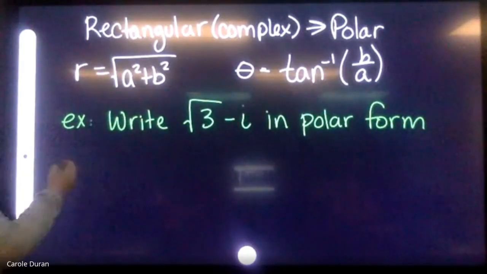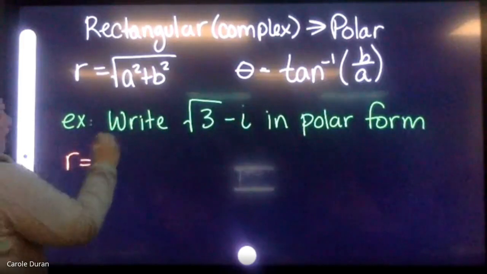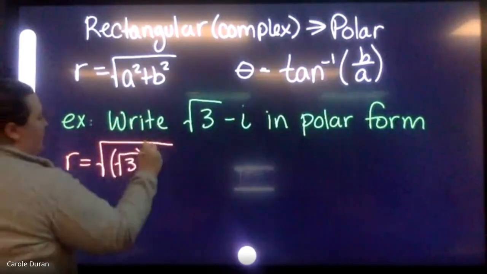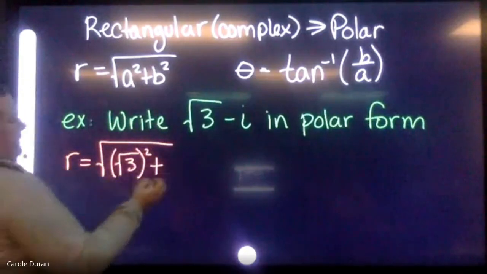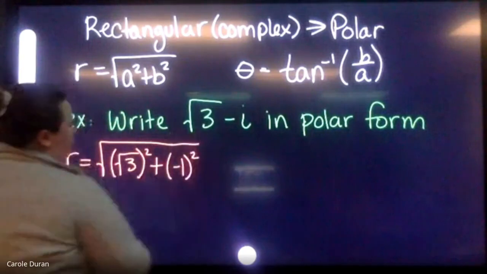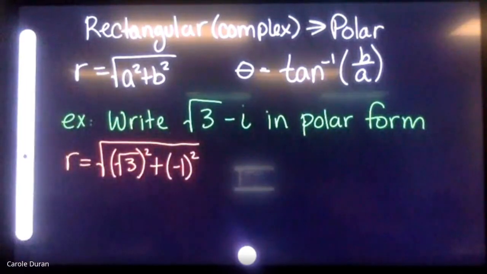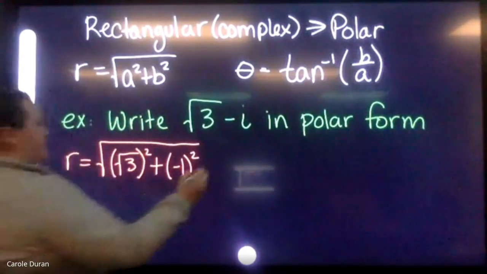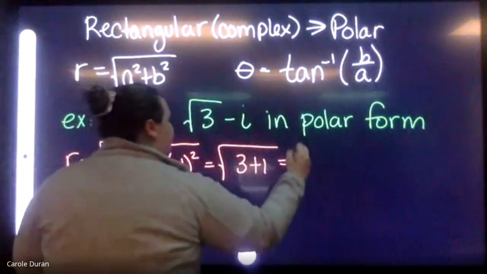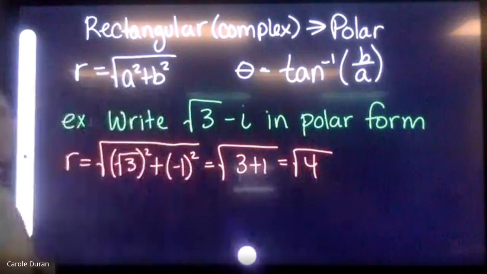So the first one I'm going to start with is R. R is equal to the square root of my A value, square root of 3 squared, plus my B value of -1 squared. I go ahead and I square those, and I get the square root of 3 plus 1, which is the square root of 4. What's the square root of 4?